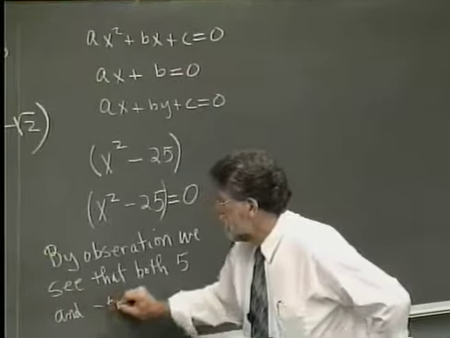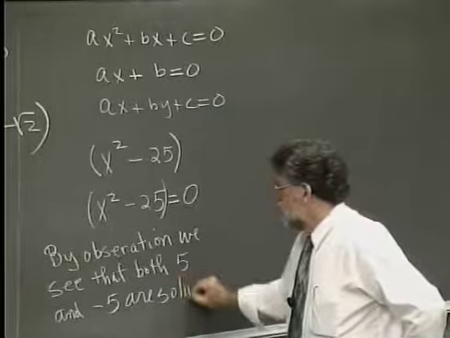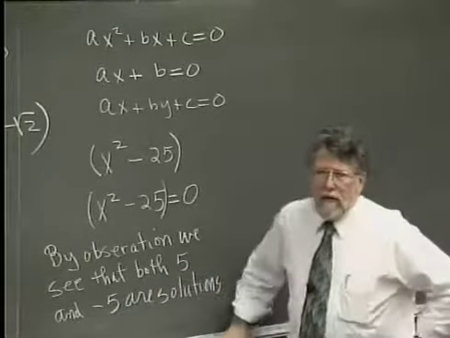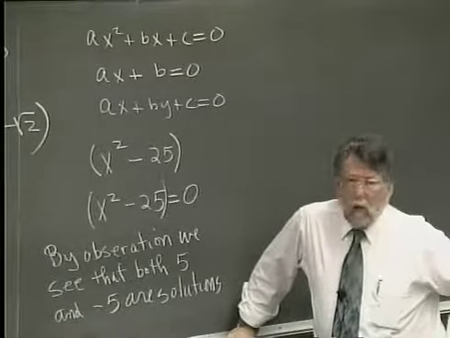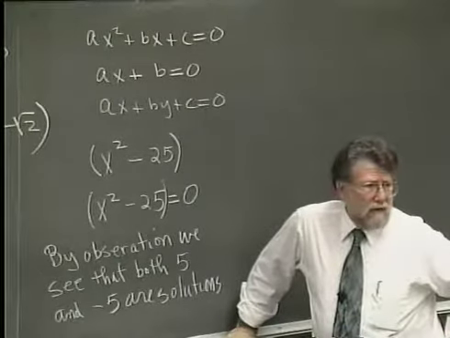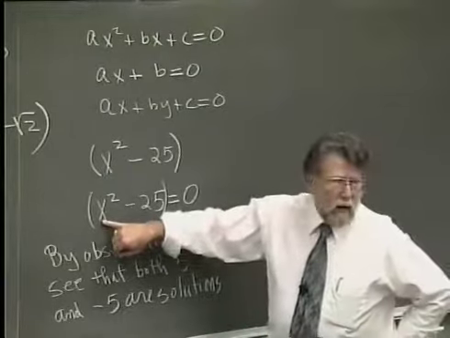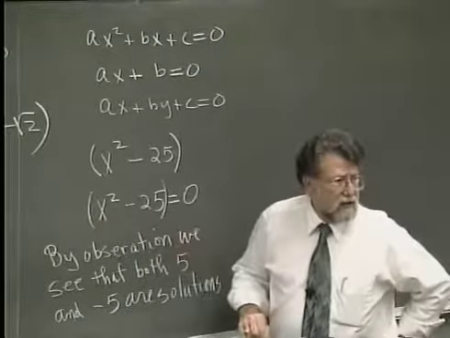Negative 5 are solutions. Is that something you can see, at least agree that they are solutions? If you substitute 5 or negative 5 for x, you will get the left side 0. Negative 5 quantity squared is 25. 25 minus 25 is 0, so you have a solution.